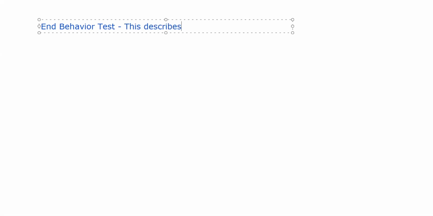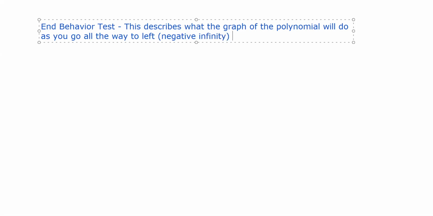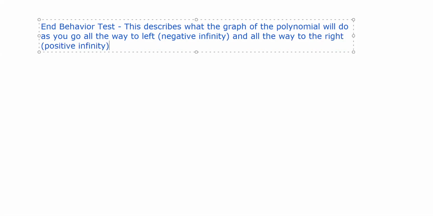This describes what the graph of the polynomial will do as you go all the way to the left, which is negative infinity, and also all the way to the right, which is just positive infinity along the x-axis.